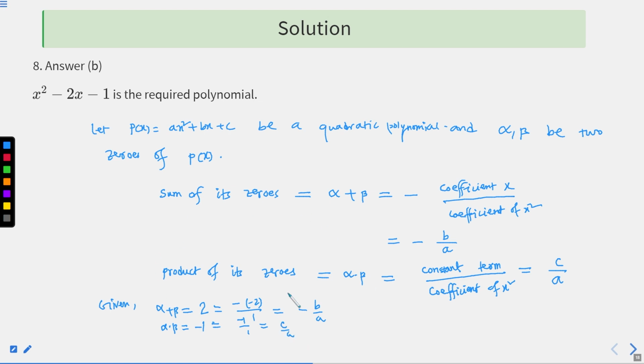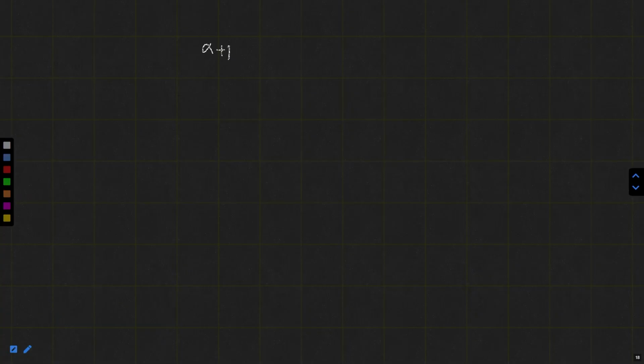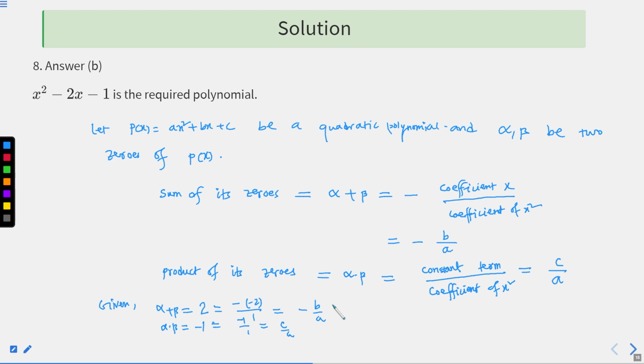So alpha plus beta equals minus b upon a, which is minus of minus 2 upon 1, and alpha times beta equals c upon a, which is minus 1 upon 1.